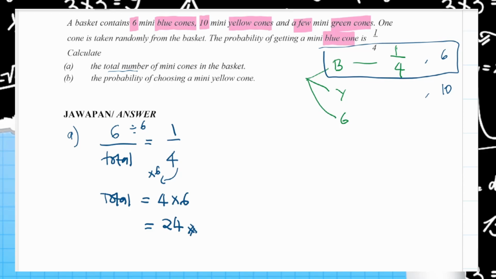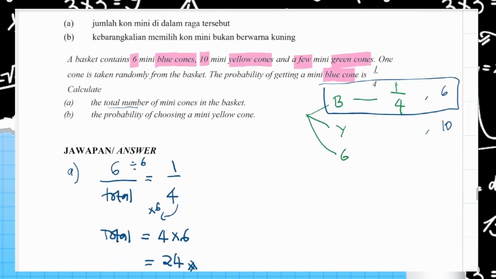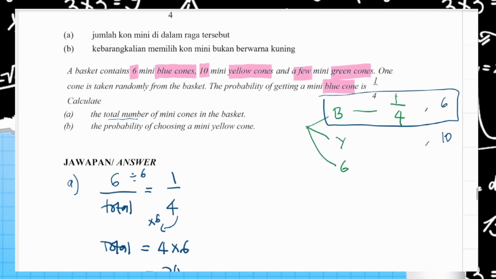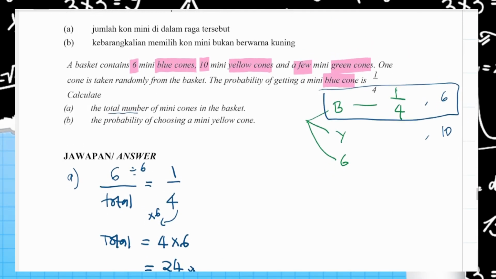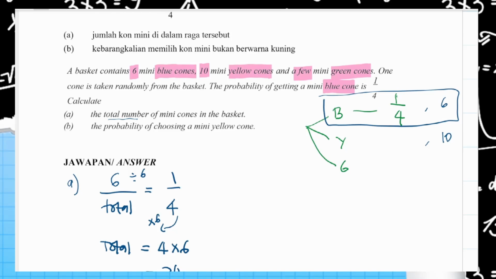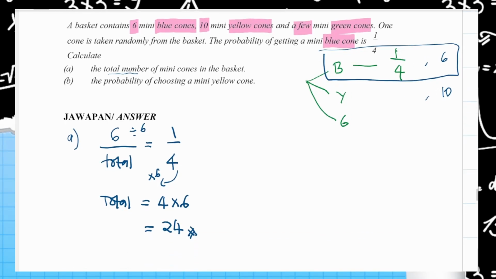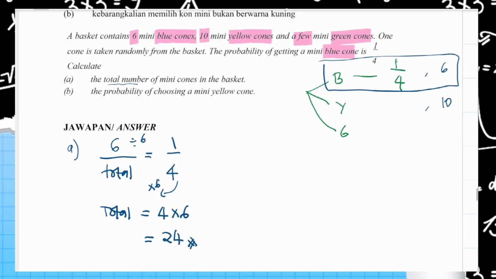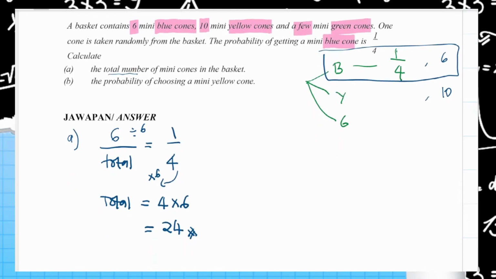Next, for this question, if you see the Malay and BI versions, they don't tally. Since we use the BI version, we use the BI question. For B, the probability of choosing a mini yellow cone.